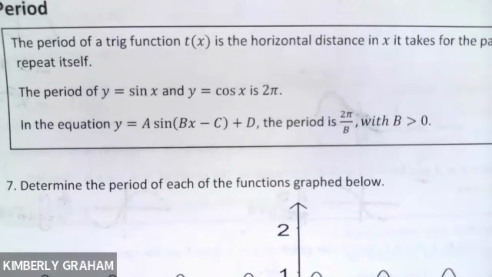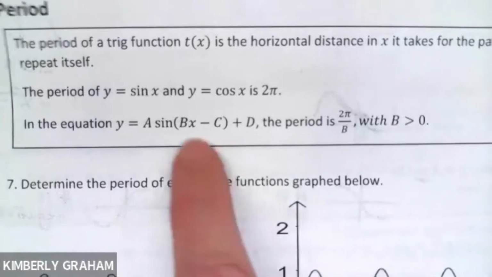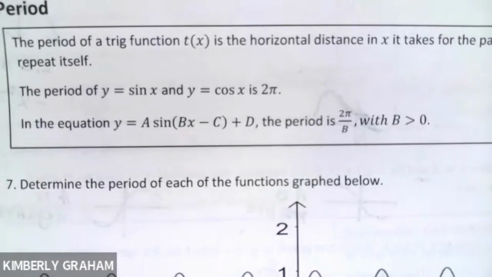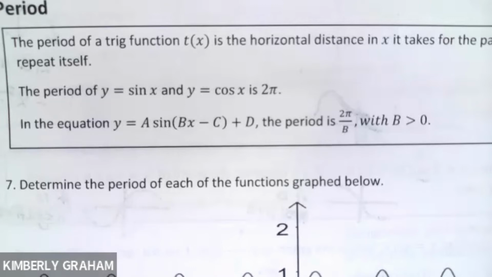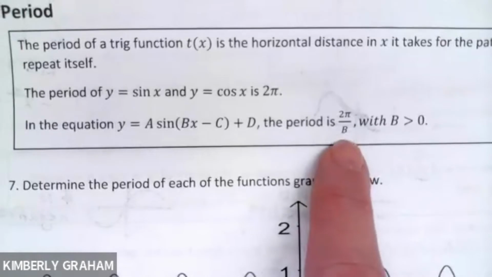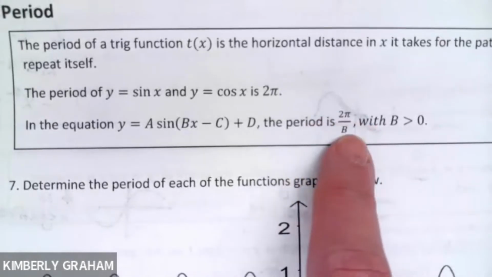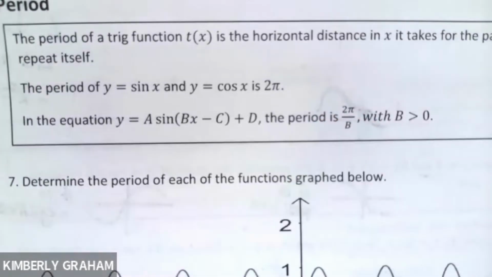If you look at view an example, they will actually use a different formula than what our book is using. So be sure that you use the formula that we're using here. And the period is 2 pi over b. That's the formula that we're going to be using.